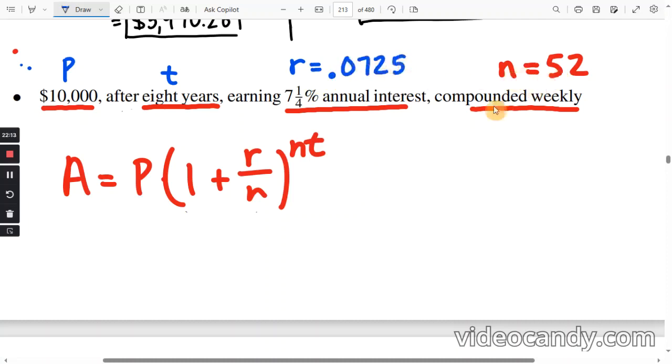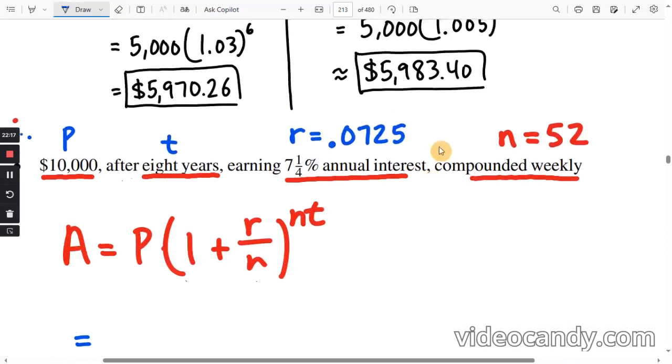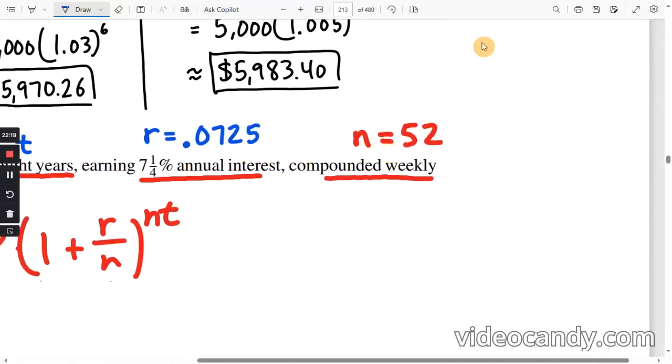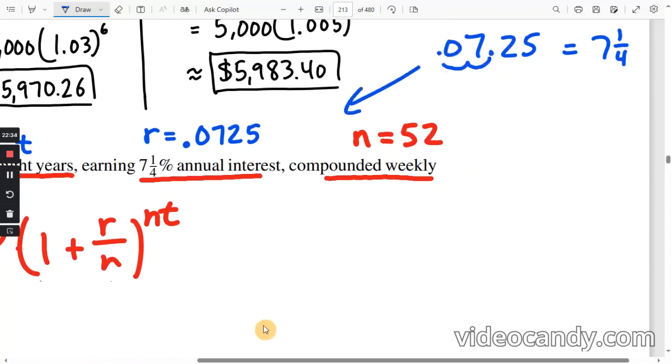And we said N equals 52. Just in case you couldn't get that, if I started with 7.25, that's the same as 7 1/4, which was given in the problem. If you move the decimal 2 places to the left and add a 0, that's 0.0725. So that's how I got it.